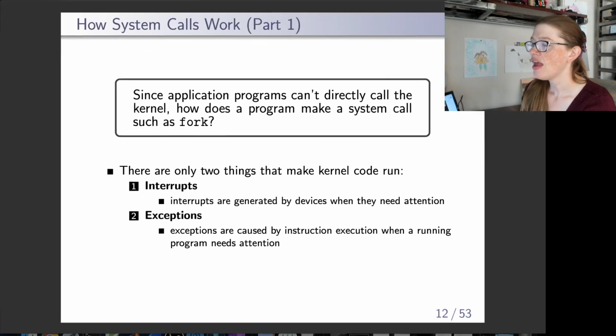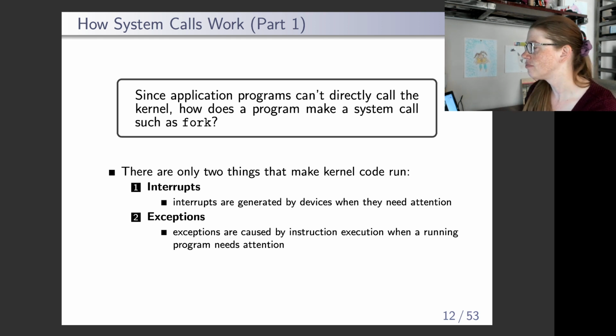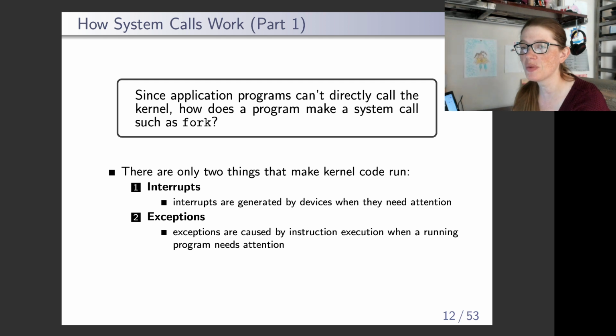There are 2 ways that we know for certain that we can force kernel code to run. The first way is through interrupts, which are electrical signals raised by the hardware to indicate that they've done something. That's like saying I pushed a button on my mouse, and that raises an electrical signal that's going to cause us to run kernel code.